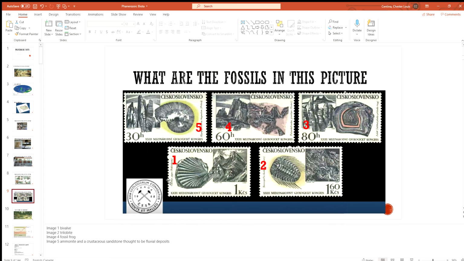Another exercise: a bivalve, a trilobite, a cool rock, as he says. He doesn't even know what that is. A fossil frog. This is an ammonite, and this is a Cretaceous sandstone from fluvial deposits.